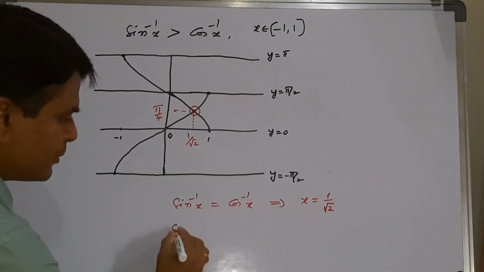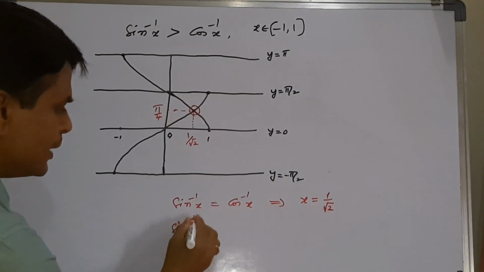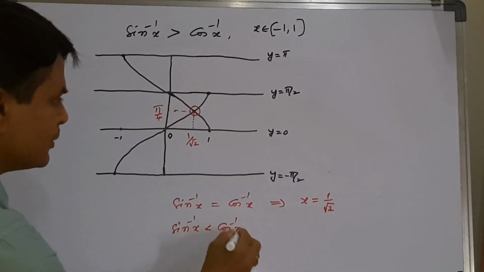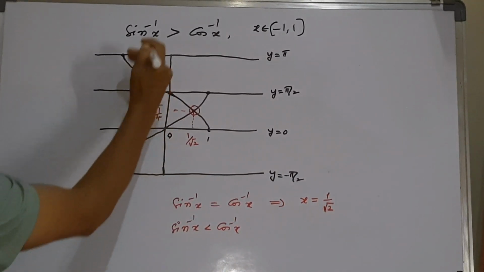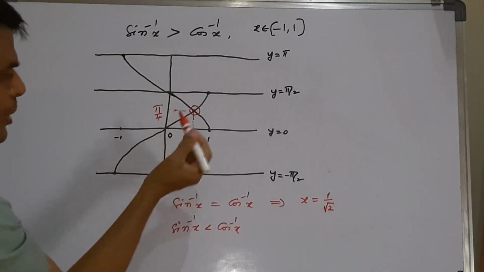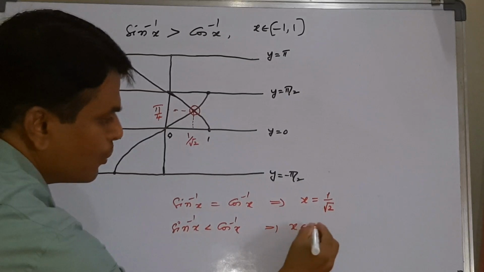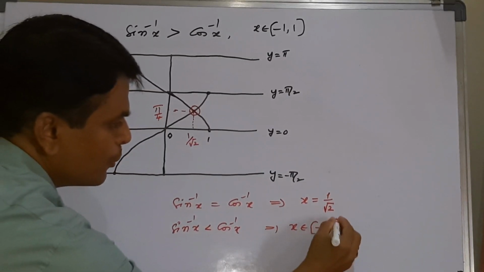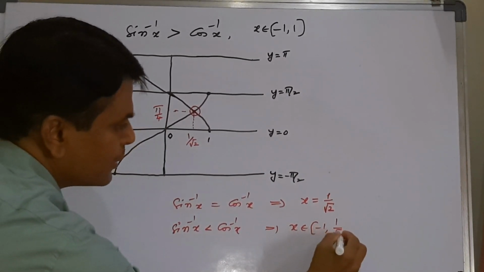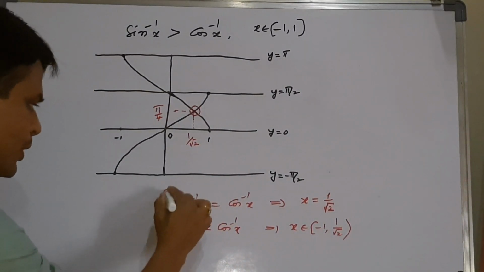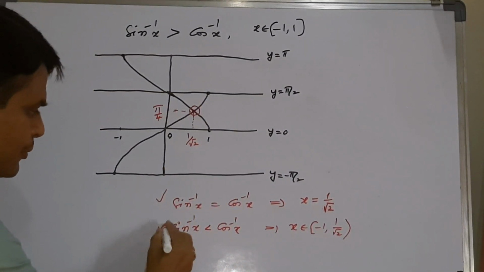Sin inverse x is less than cos inverse x, means this is less, that is more, possible between what? Minus 1 closed to 1 by root 2 open. This inequality is solved here.